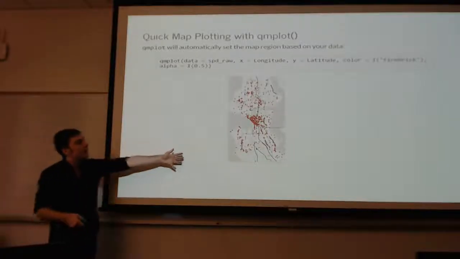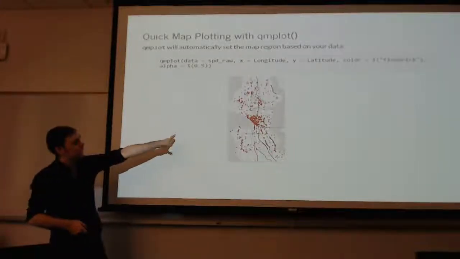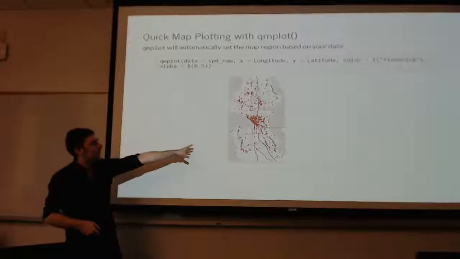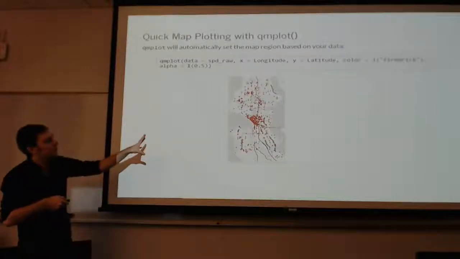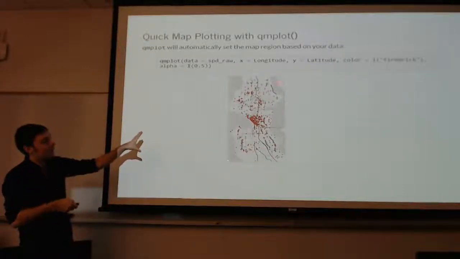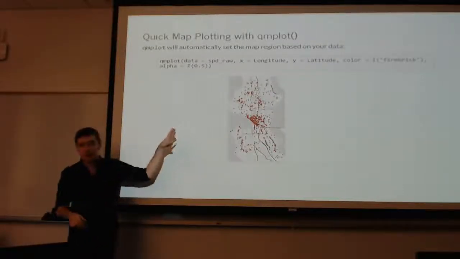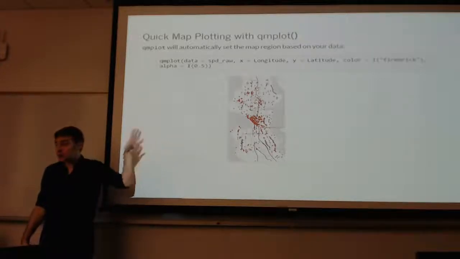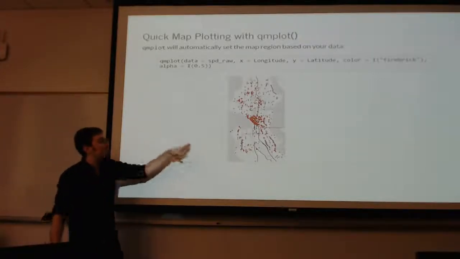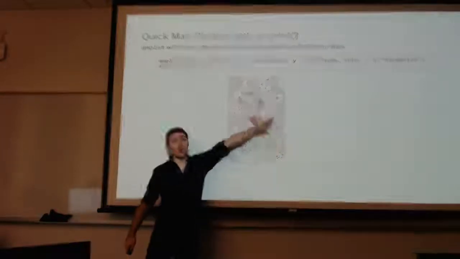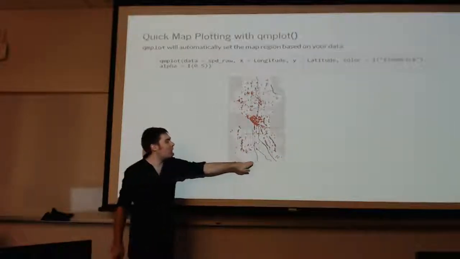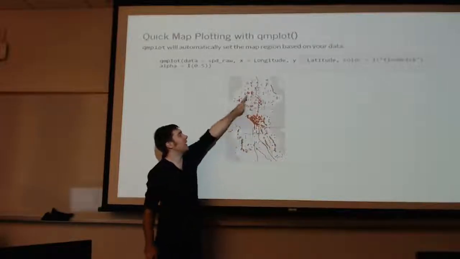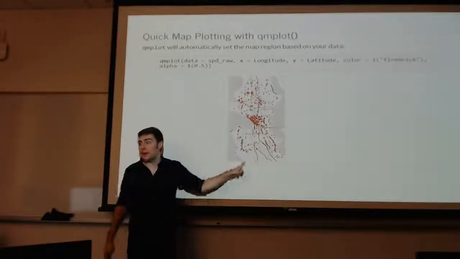So this is a map, the default type of map given by qmplot. I forget exactly what this is. You can see that there's major streets shown here. It's centered on what we call the bounding box of our data. So it saw where all the incidents are located according to latitude and longitude, and then it chose a window to grab a Google map to print it so that all of the data would be lying within this box with a little bit of buffer around the edge.